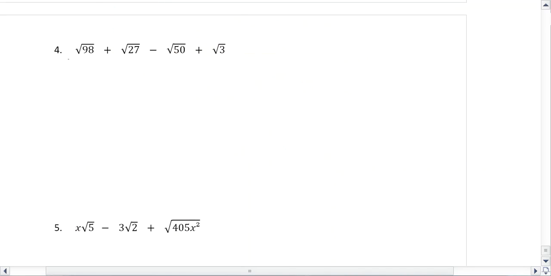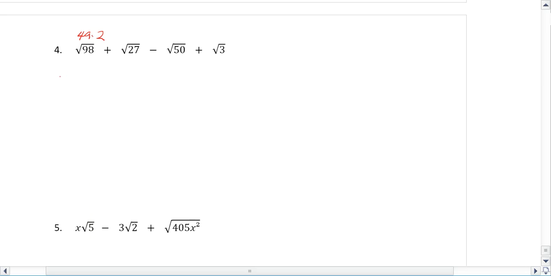Looking at example 4, once again, clearly we have to simplify first because we simply can't tell if there's any like terms here. So you could do the factor tree for 98 if that's what you prefer. I happen to notice that 98 is 49 times 2.